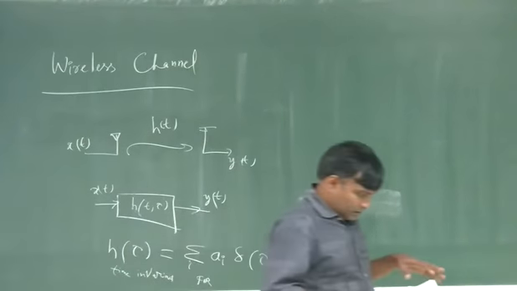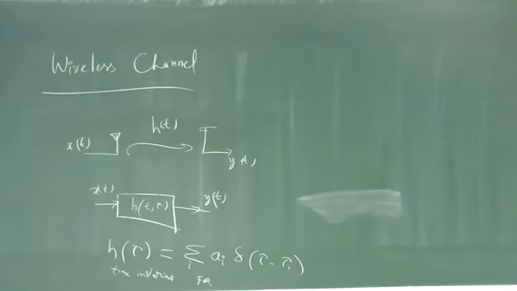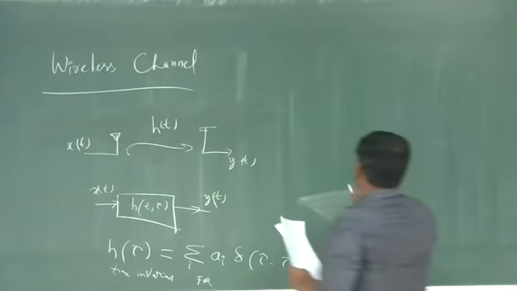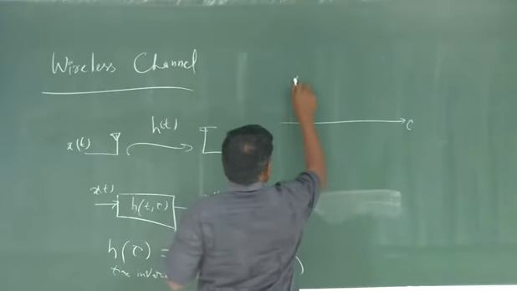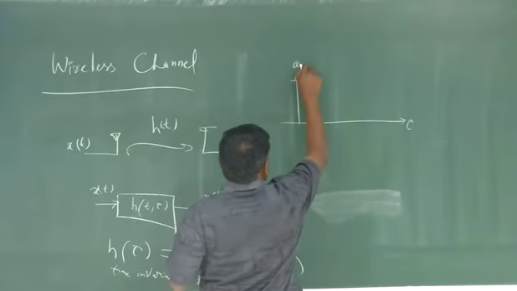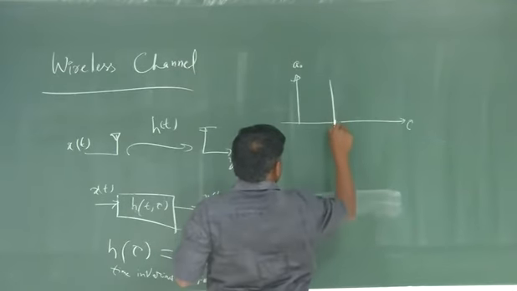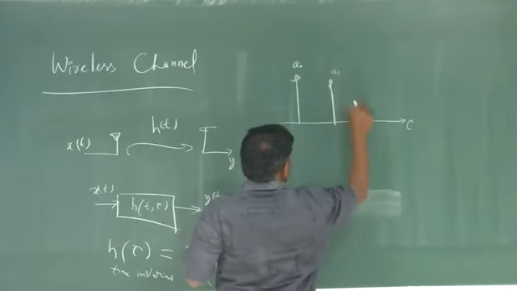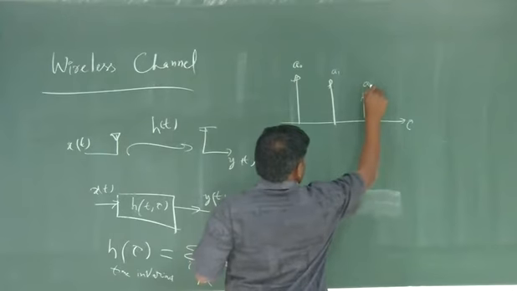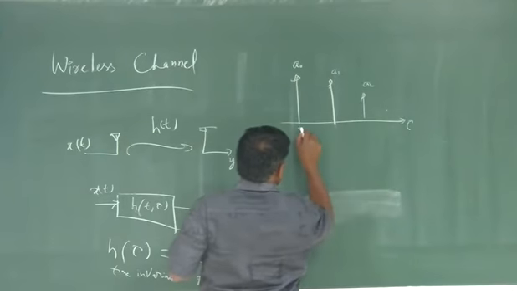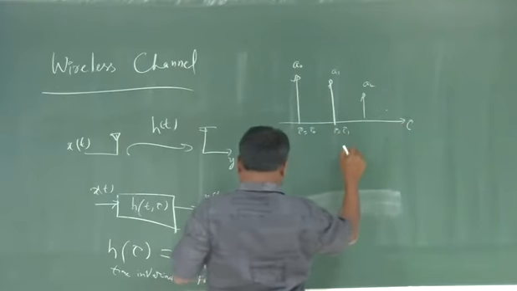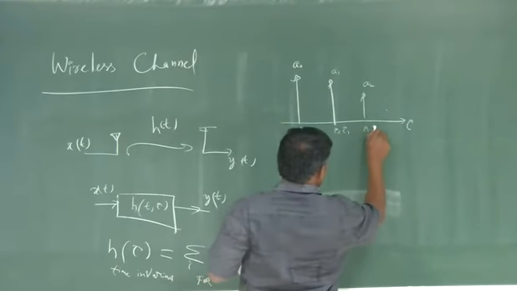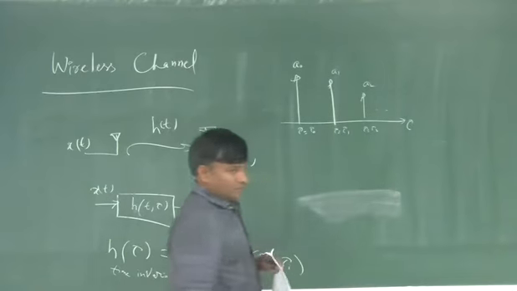The wireless nature of the channel is such that the channel takes values at, let's say, tau equal to tau 0, tau equal to tau 1, tau equal to tau 2, and so on.